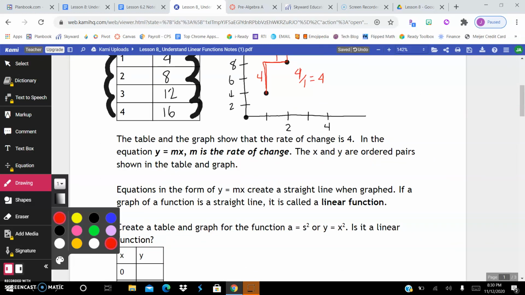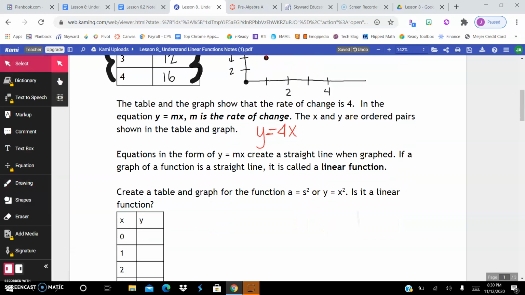So in the equation y equals mx, m is the rate of change. So that number in front of x is what our rate of change is, or our slope is. It's what it's called. And the x and the y are ordered pairs shown in the table and the graph. So our equation for this particular one would look like this: just y equals 4x.